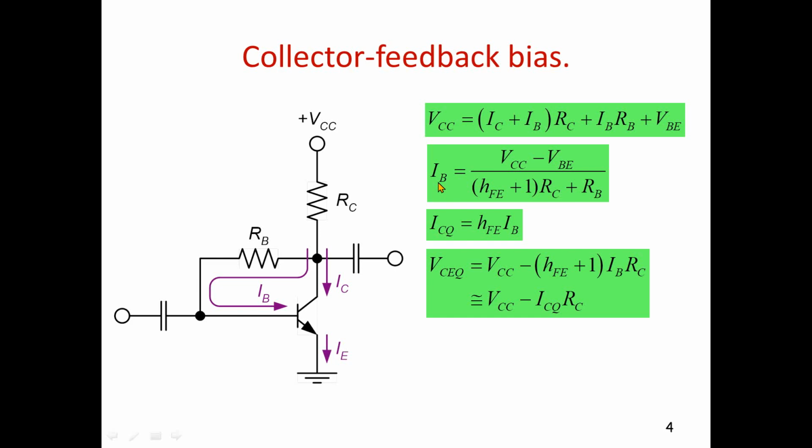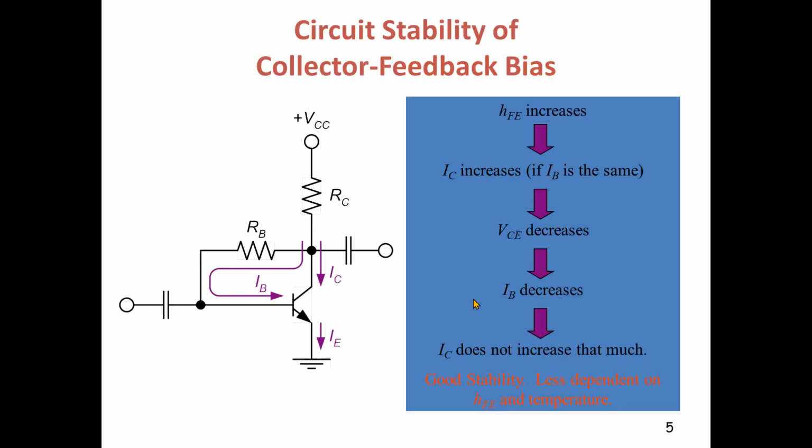And similarly for VCEQ, from VCE we can write VCEQ as VCC minus (HFE plus 1) into IB into RC. So from this equation we can write approximately the value of VCEQ as VCC minus ICQ into RC.